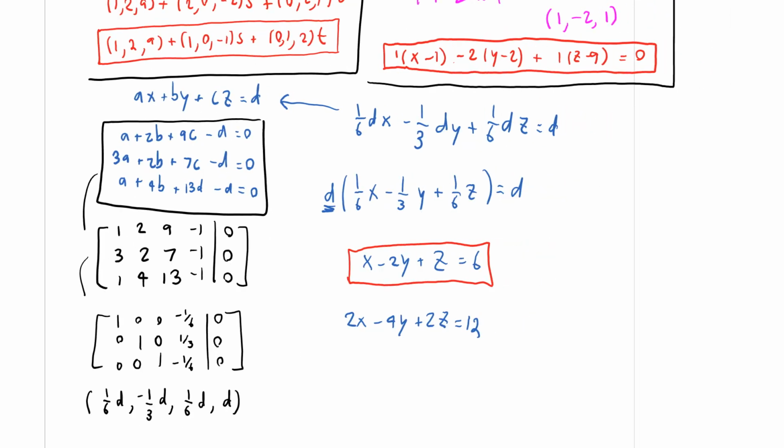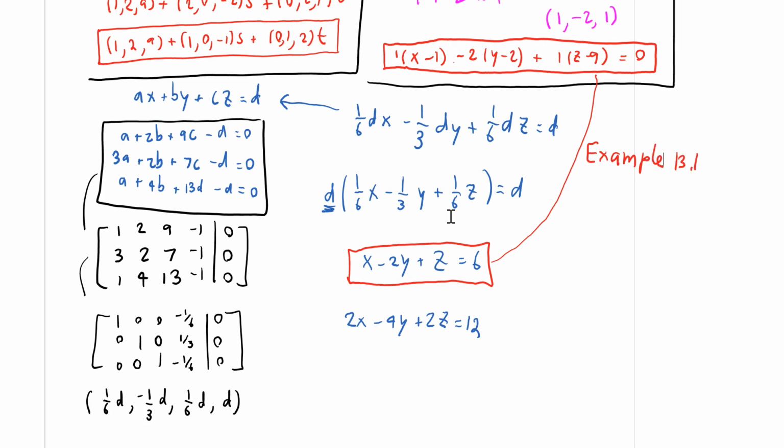So this guy and this guy are actually the same equation. And not only that, you might recall this is also the same plane that we saw in the last example, the plane from example 13.1.